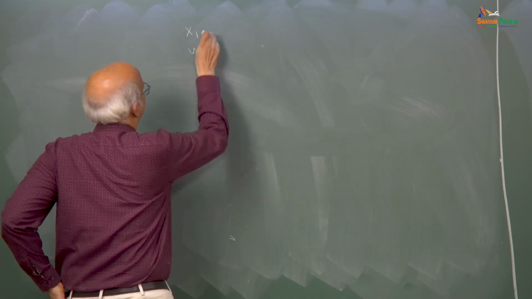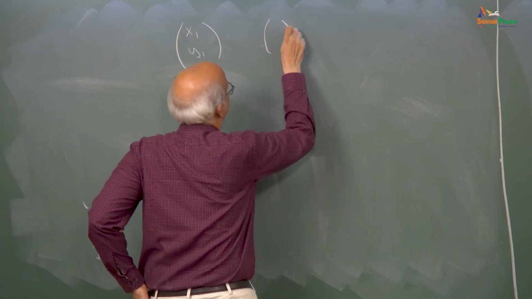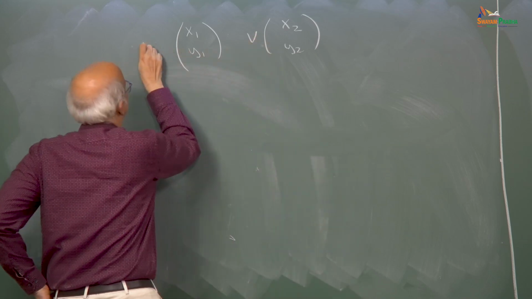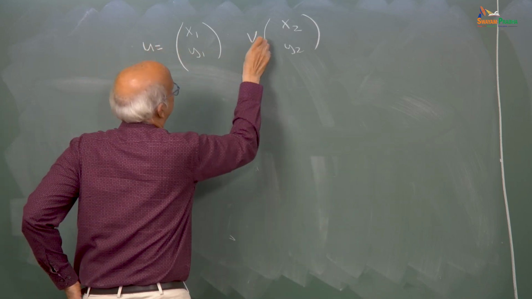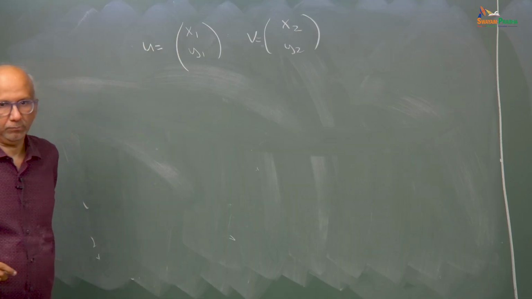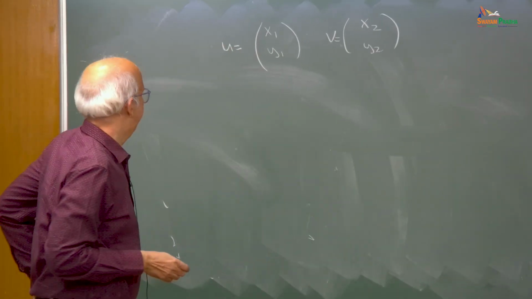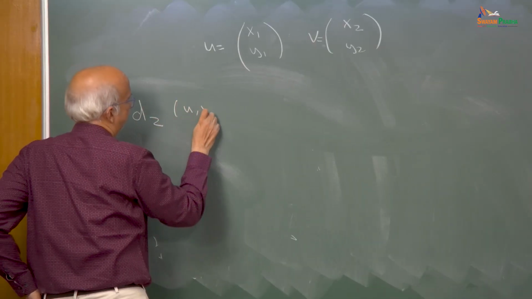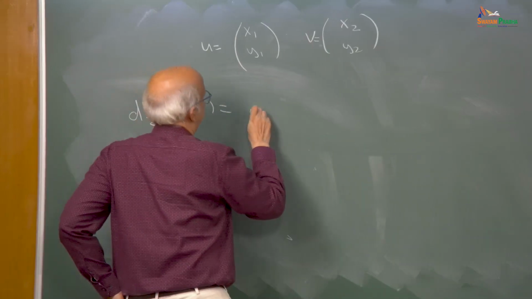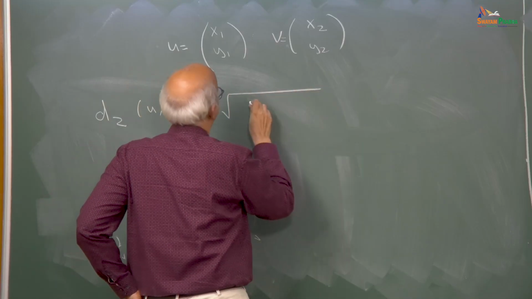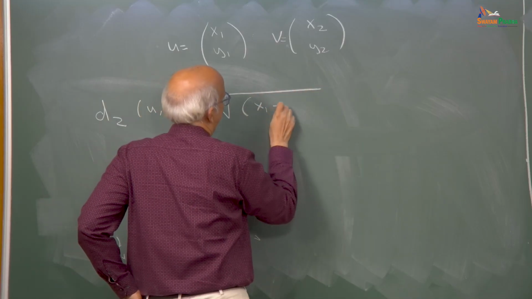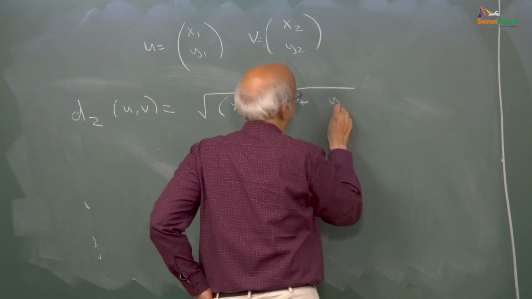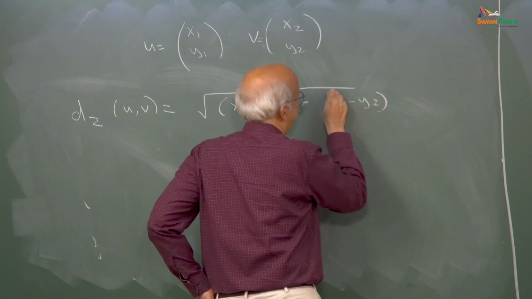So, now I have x1 y1 and x2 y2, let us say this is v and this is u. I am going to look at d2 of u comma v, which is the square root of x1 minus x2 squared plus y1 minus y2 squared.